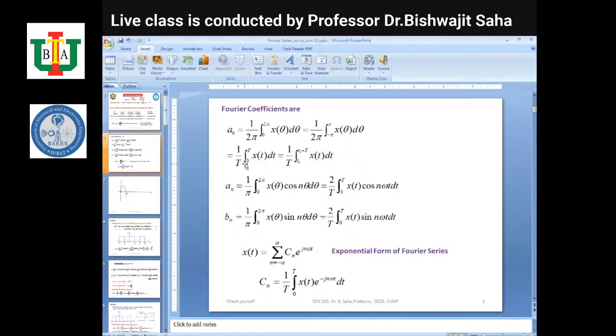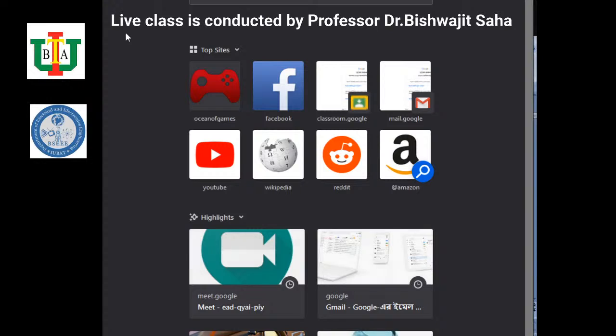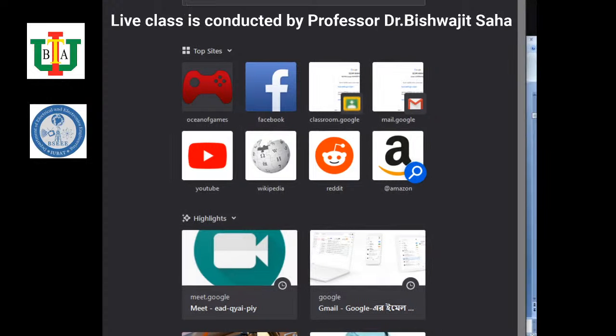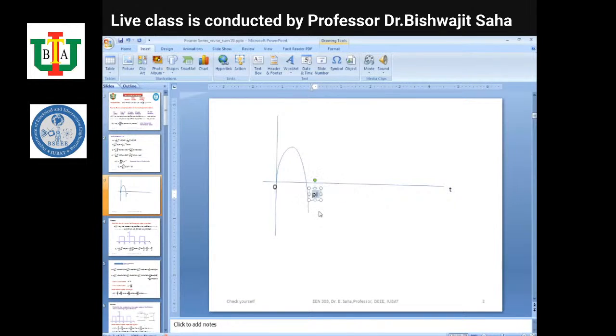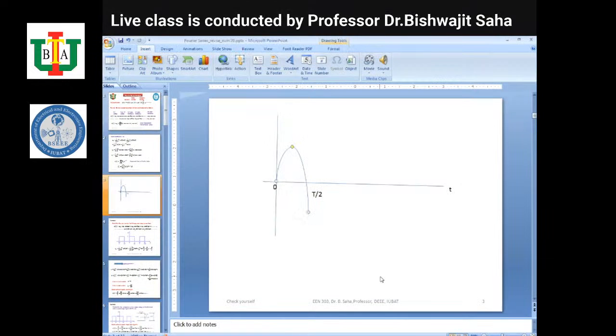So in this case, the 0 and this theta are going to be T, and here will be T by 2, half cycle, and the full cycle going to be another one.